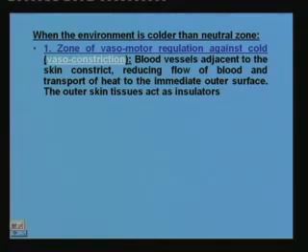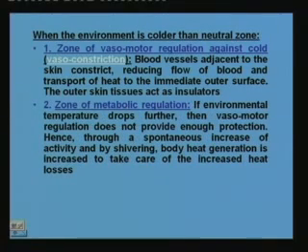Since less heat is carried, less heat is lost. So this is the first step against the cold. During this process, the outer skin tissues act as insulators, and they prevent the heat loss. But if the temperature drops further, then vasomotor regulation does not provide enough protection.